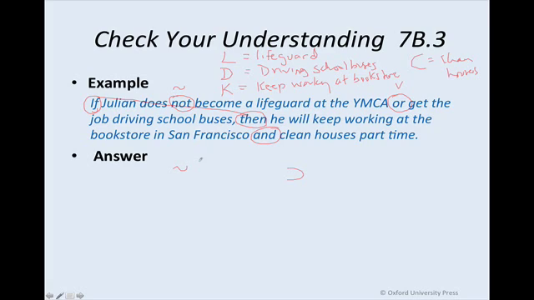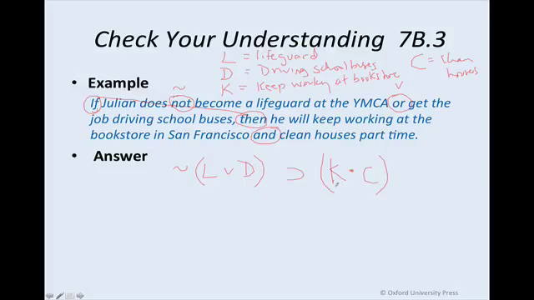If it's not the case that he becomes a lifeguard or gets the job as a bus driver, then he'll keep working at the bookstore in San Francisco and clean houses part-time. And notice that I need parentheses around both of these compound sentences.